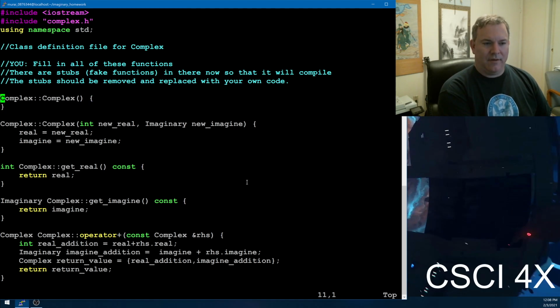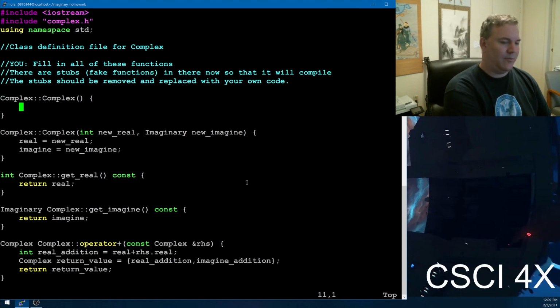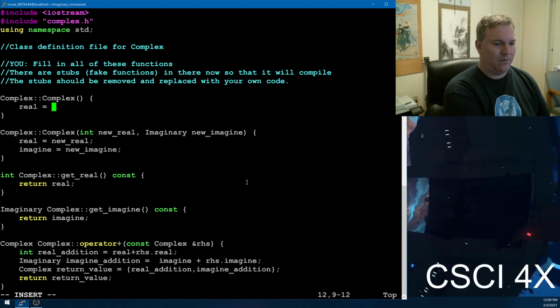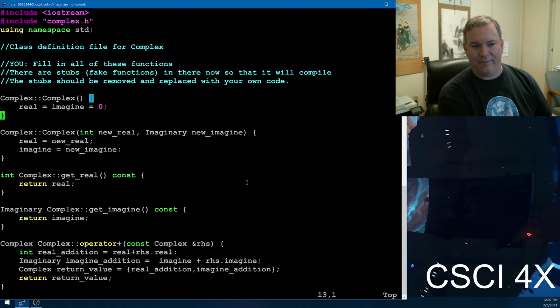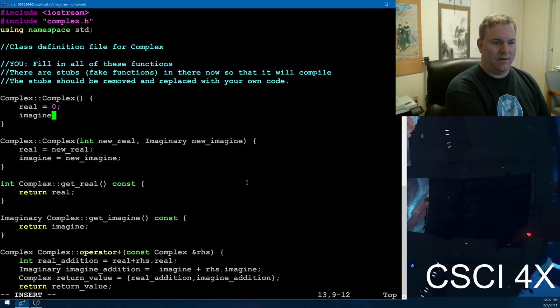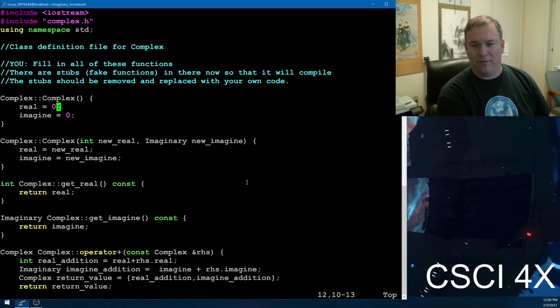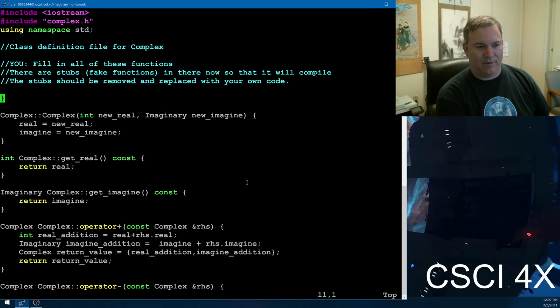So personally, you didn't need the default constructor for this assignment, but out of a sense of paranoia I would set them all to 0, real equals 0 and imaginary equals 0, something like that. If you don't have that, it'll leave the real part uninitialized, which is dangerous. It makes me feel a little nervous.